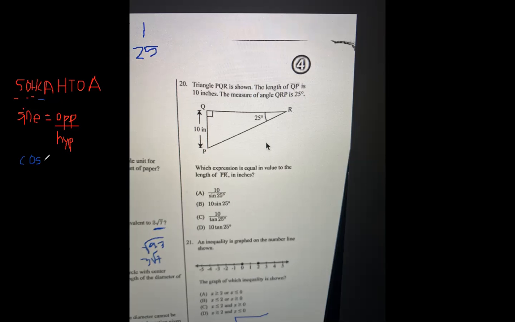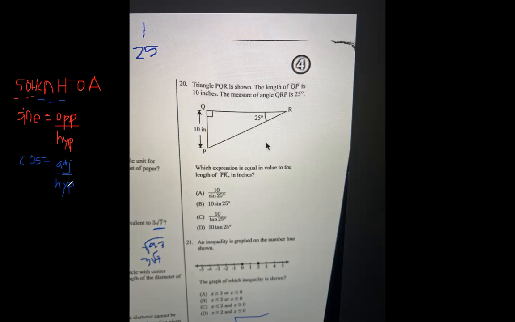C stands for cosine and A stands for adjacent. So this is adjacent. We would do what is adjacent over H, which is the hypotenuse.